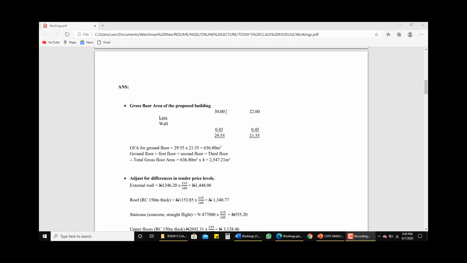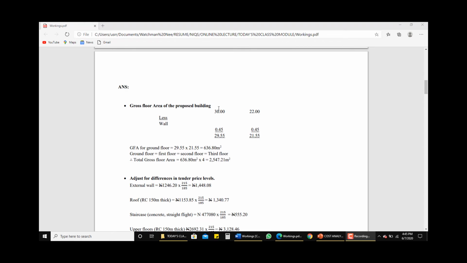So here we have the external dimension of the proposed building, 30-meter long, 22-meter wide. So we have to less the external wall, which is 225. If we multiply 225 mm times 2, it will give us 450 mm, which is 0.5 meter.